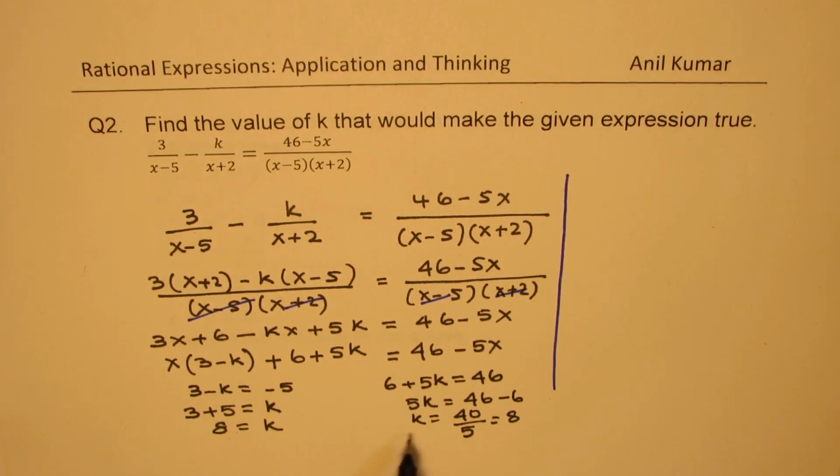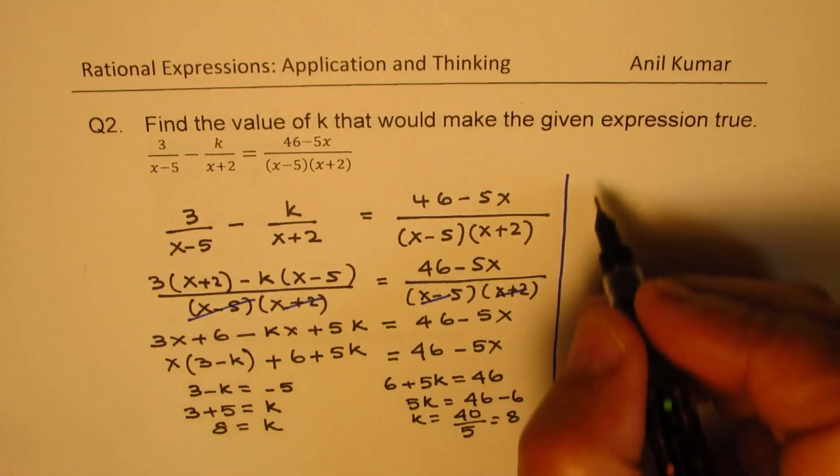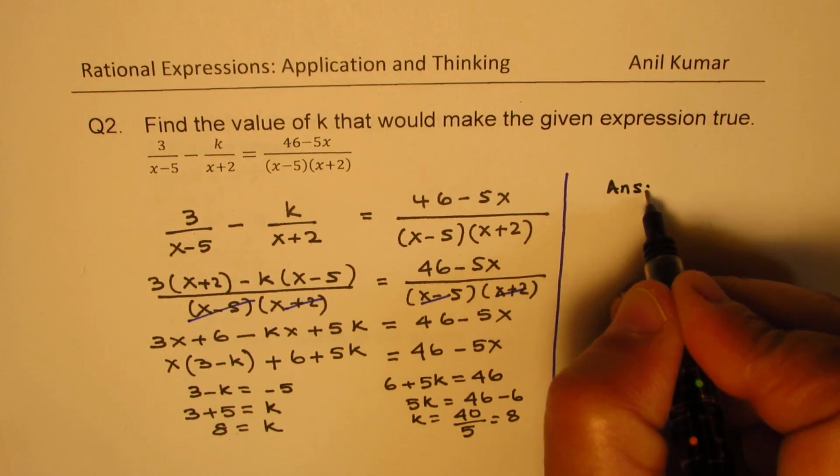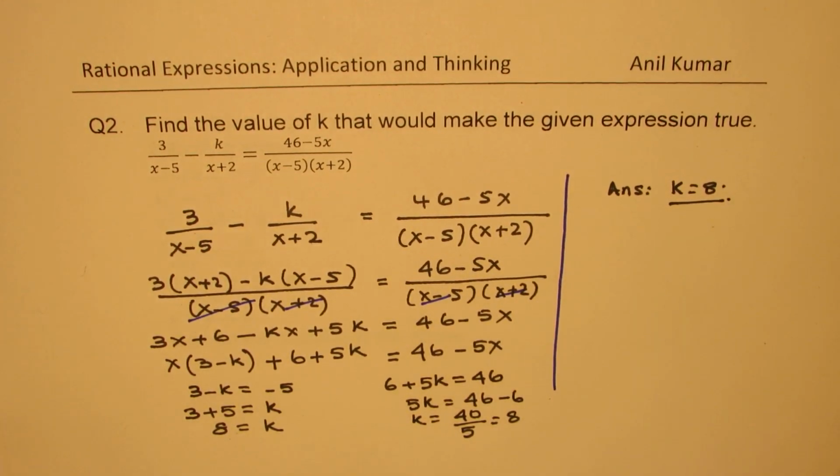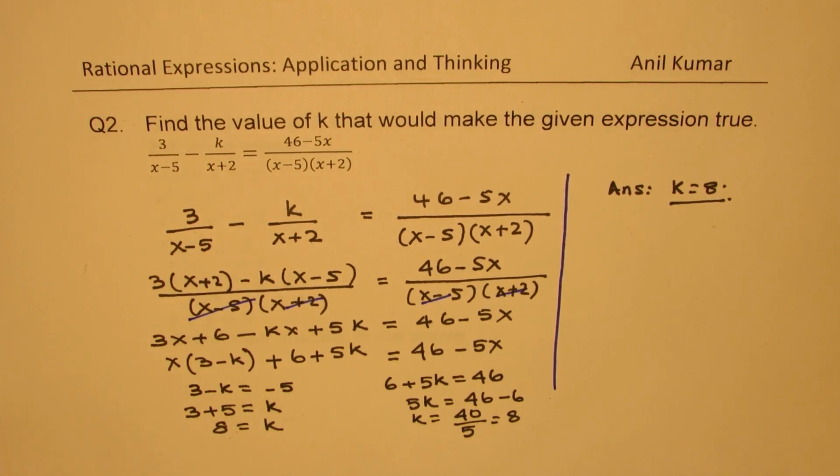So our answer here is k equals to 8, right? So that is how we could actually solve such an example. So a good part here is to see how at the end we can actually solve for k by equating the constant terms and the coefficients of x. This is a great technique.